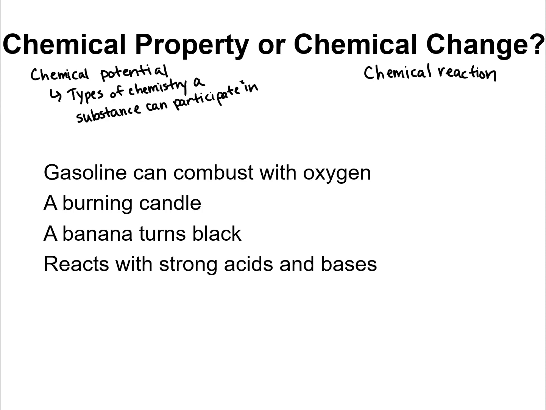The real difference here is in semantics. It's about the structure of the sentence or the phrase. So the first one, gasoline can combust with oxygen. That is talking about potential, what gasoline can do. That's a property.